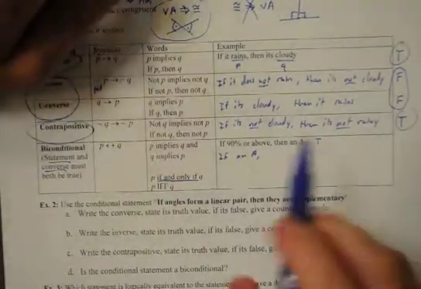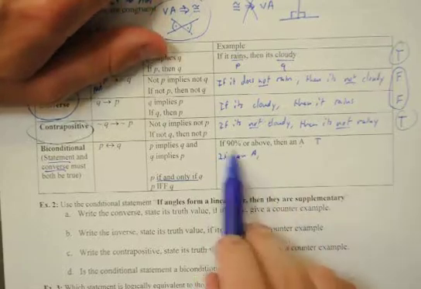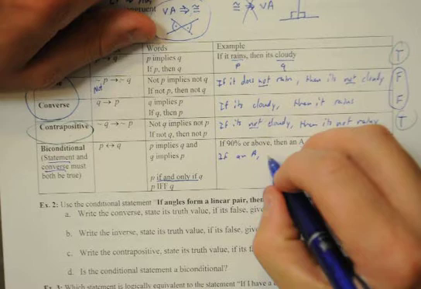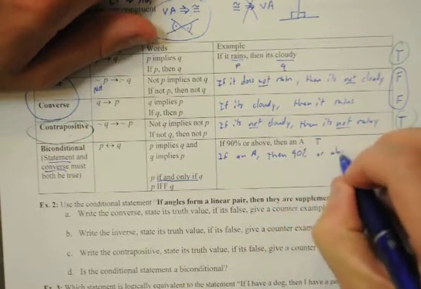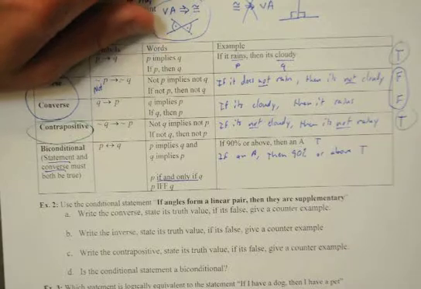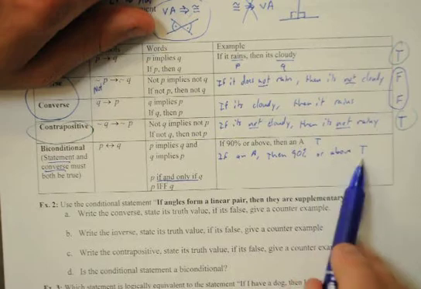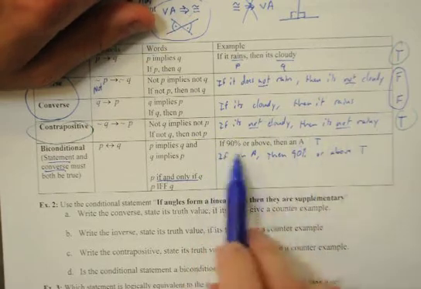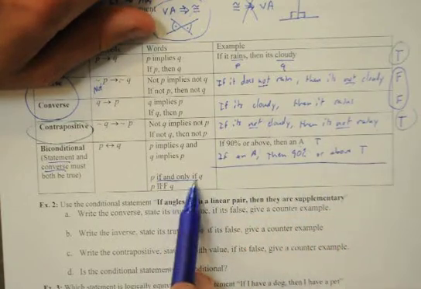Okay. We were here. A biconditional. If an A, and we're doing the converse, then 90% or above. That's a true statement. So both of these are true. The statement's true, the converse is true. So therefore, this statement can be classified as a biconditional, and we can write it using if and only if.